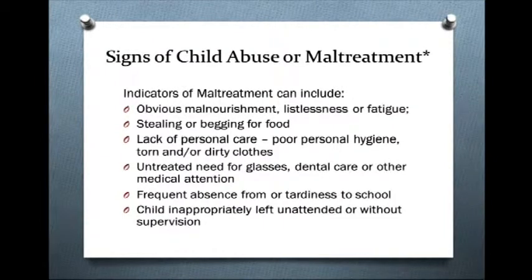Indicators of maltreatment can include obvious malnourishment, listlessness or fatigue, stealing or begging for food, lack of personal care, untreated need for glasses, dental care, or other medical attention, frequent absences or tardiness from school, and the child inappropriately left unattended or without supervision.